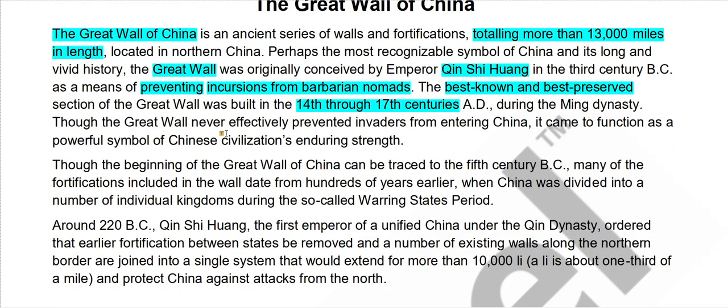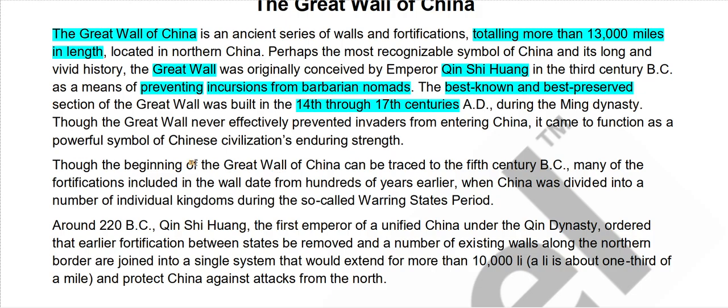Though the Great Wall never effectively prevented invaders from entering China, it came to function as a powerful symbol of Chinese civilization's enduring strength. Though the beginning of the Great Wall of China can be traced to the 5th century BC.